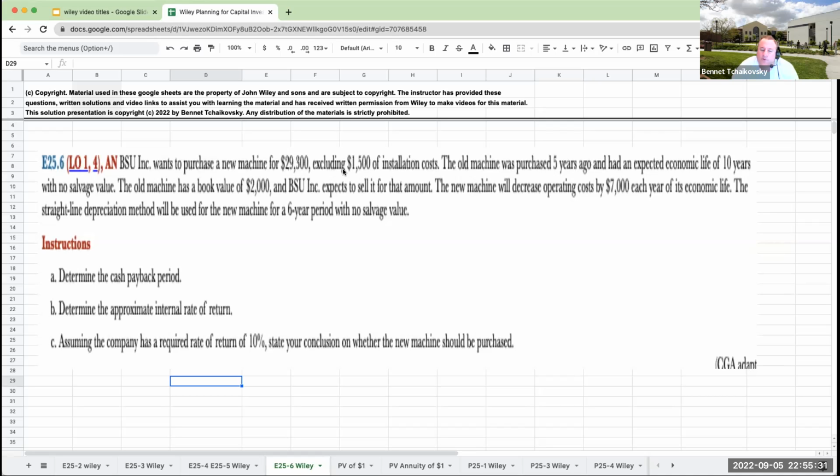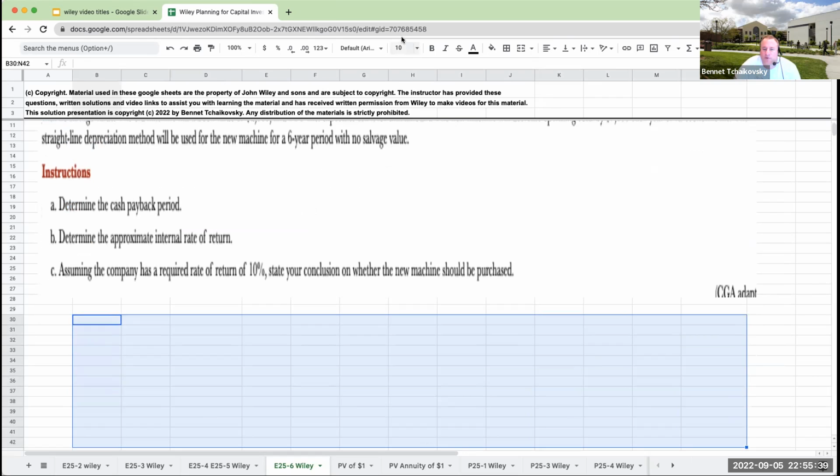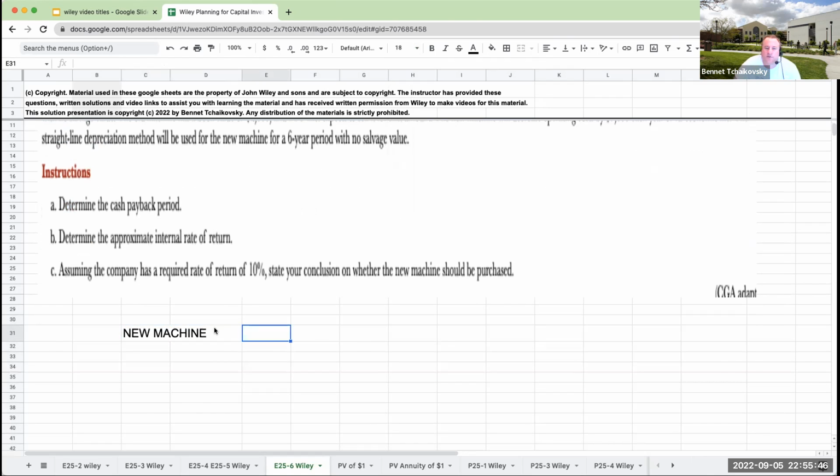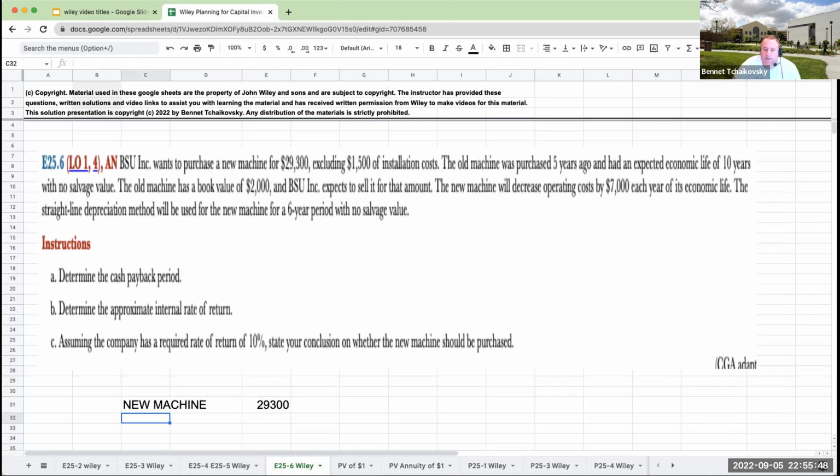So the first thing we have to do is determine the cash payback period. But before we do that, what is the cost of our investment? If I'm buying this new machine, the cost of the new machine is going to be $29,300. My installation costs are going to be $1,500.